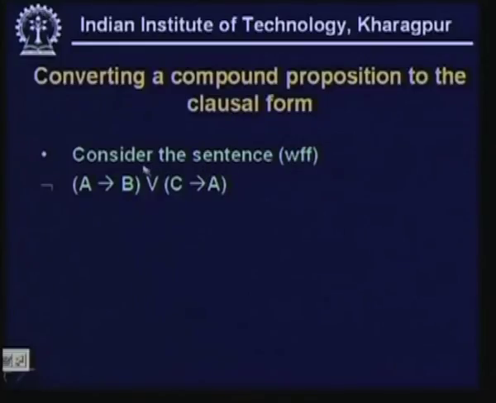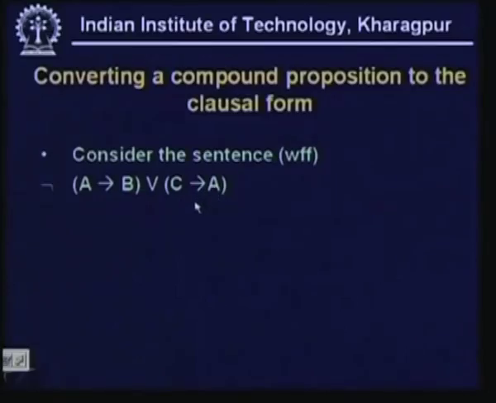Consider the well-formed formula, not of A implies B or C implies A. This is not in clausal form because we have got literals, no doubt, but we have got operators which are not disjunction. In a clause, there will be only disjunction operator. This is a particular form of clause that is called disjunctive normal form, DNF. That is of interest to us right now.